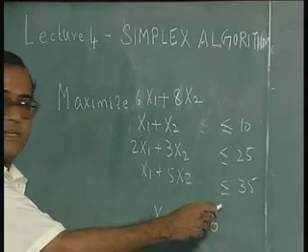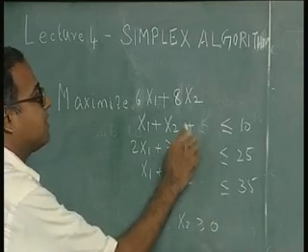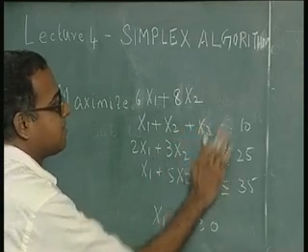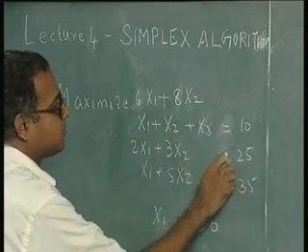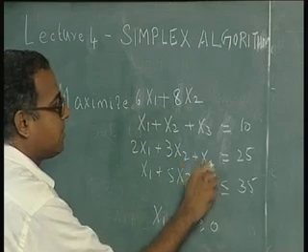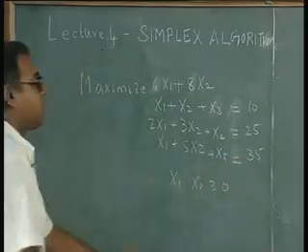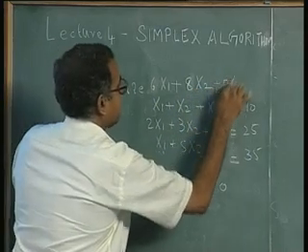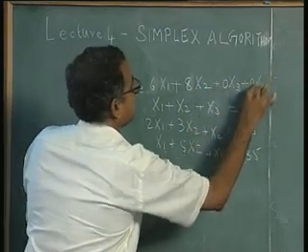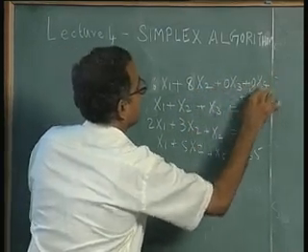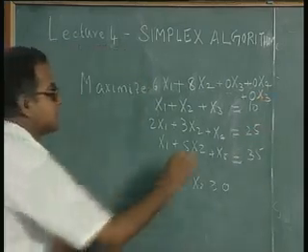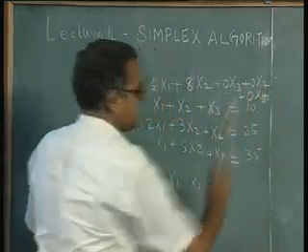We convert these inequalities to equations by adding slack variables x3, x4 and x5 to make each an equation, equal to 35. The contribution of the slack variables to the objective function is 0, so we have 0x3 plus 0x4 plus 0x5.